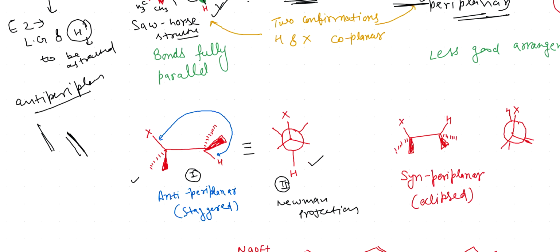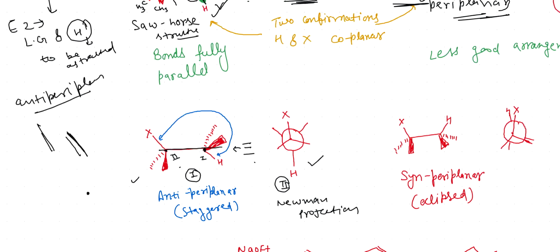And how? See, this is carbon number 1 and this is carbon number 2. If you are looking from this side, this is carbon number 1, so just make a dot. This represents carbon number 1 and it is forming 3 bonds. This is a horizontal line. Suppose this is a horizontal line also.